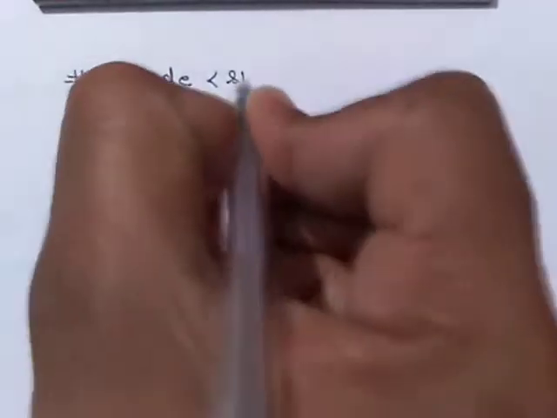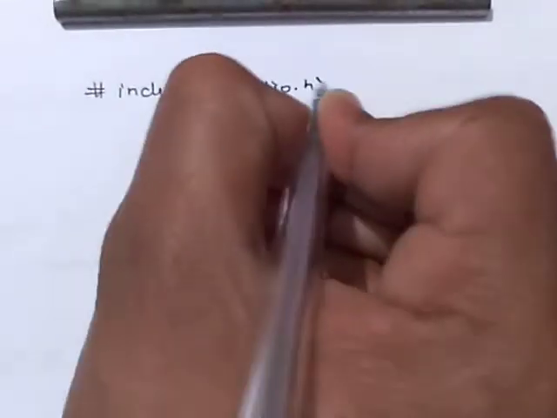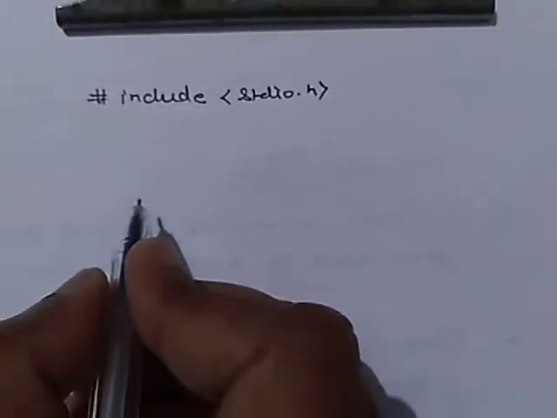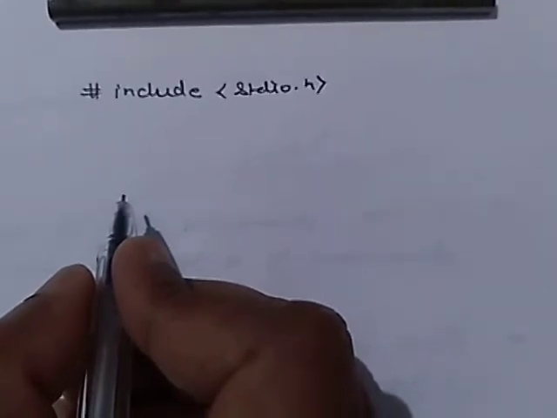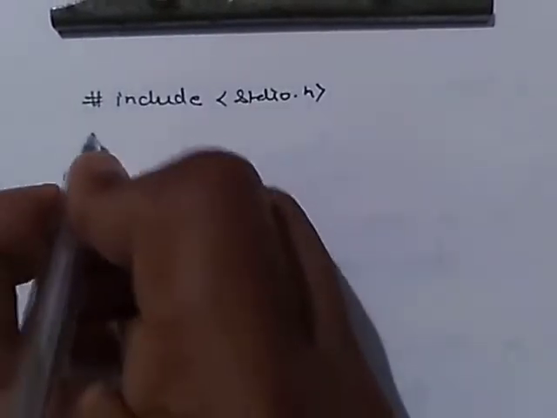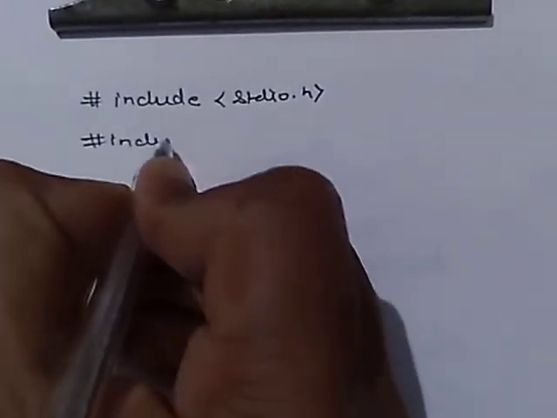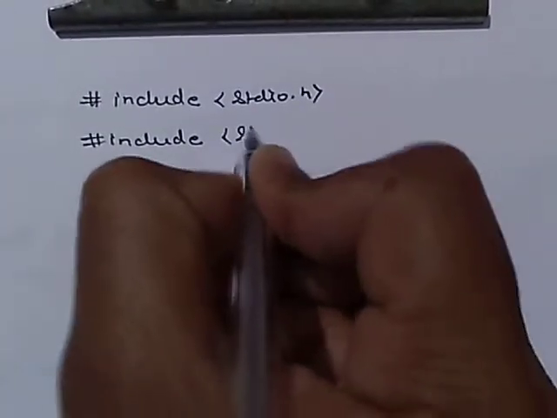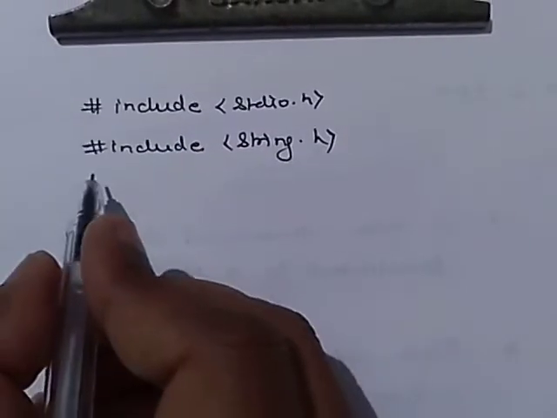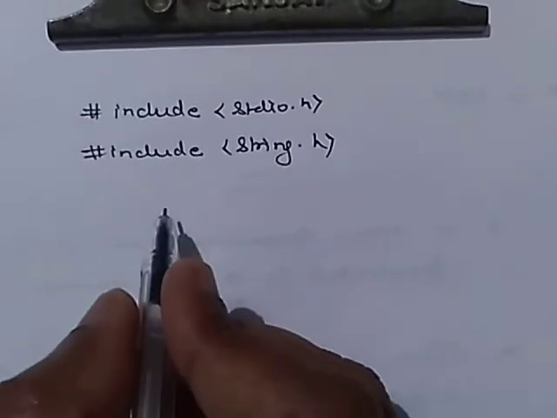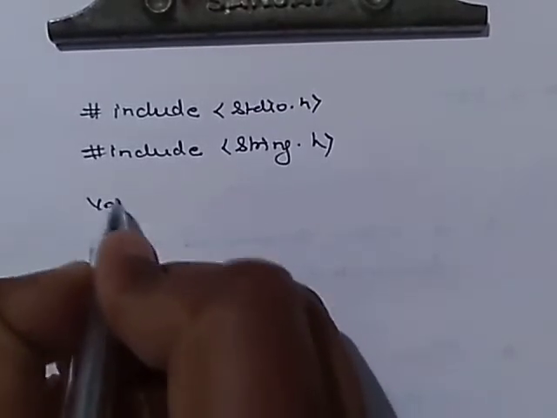Now let us take an example of a program. First, include the file stdio.h. When we are using string functions, then we have to include the string.h header file, but in this program we are simply using a character array.